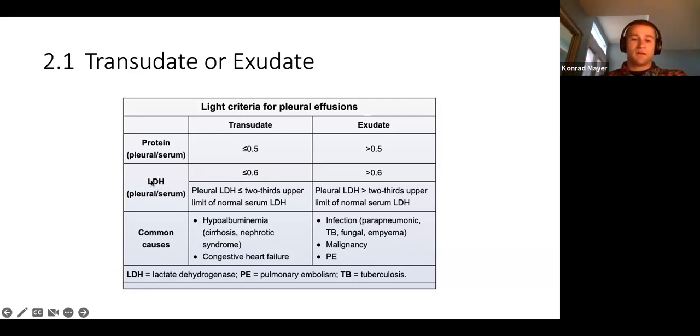Comparing the LDH, if there are 10 units of LDH in the serum and 5 units in the pleural effusion, it is a transudate. And if there are more than 6, so 7 or 8 units of LDH, and the patient has 10 units of LDH in the serum, then it is an exudate.